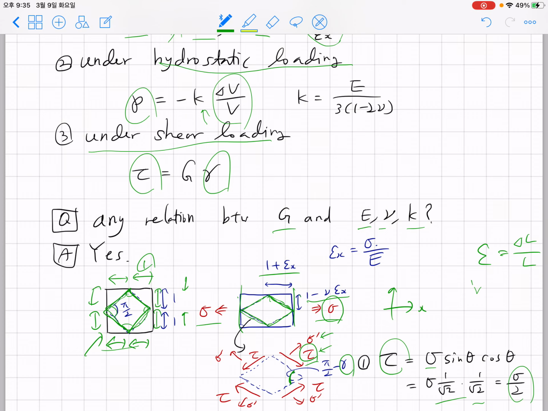The relationship between the stress and strain must be obtained through the shear modulus, and this is how we are going to connect the Young's modulus and Poisson ratio with the shear modulus ultimately, because this shear modulus will have a connection with the applied normal stress sigma. And let me keep massaging the equation.